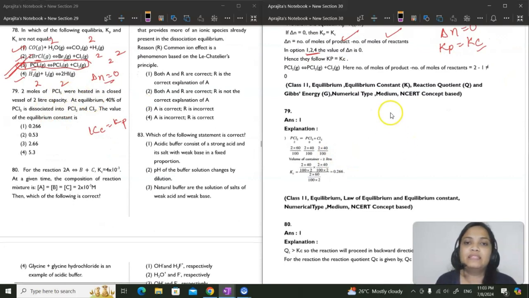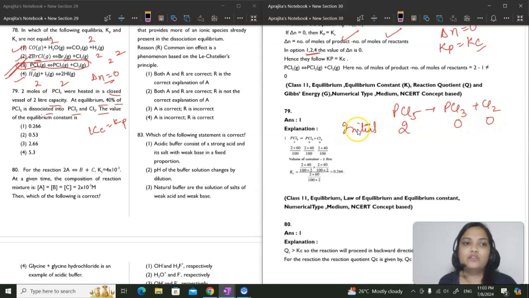2 moles of PCl5 were heated in a closed vessel of 2-liter capacity. At equilibrium, 40% of PCl5 is dissociated into PCl3 and chlorine. You need to find out the value of equilibrium constant. Earlier we had 2 moles of PCl5 and 0 moles of the product.